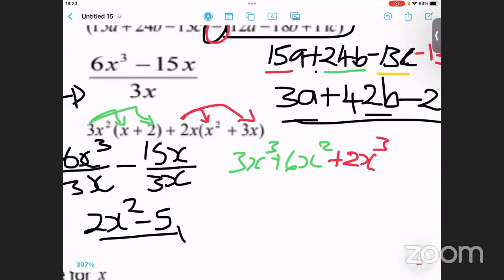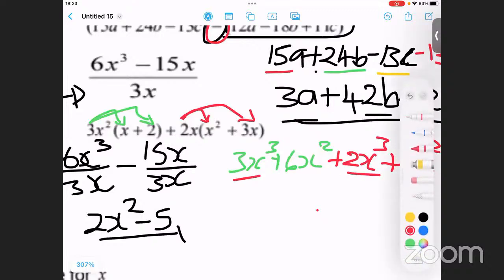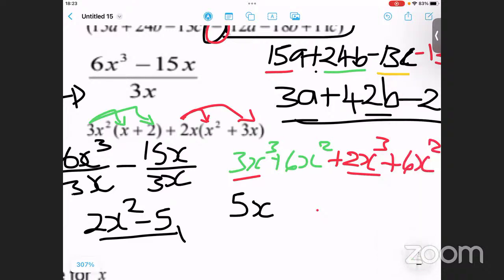Then I added the like terms, which were 3x cubed plus 2x cubed, which I got 5x cubed.